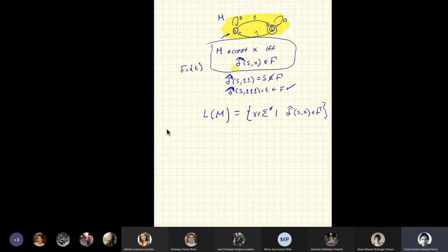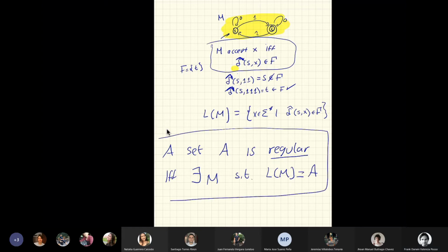We say that a set A is regular if there exists an automaton M such that the language of M is A. So that's exactly what a regular language is.